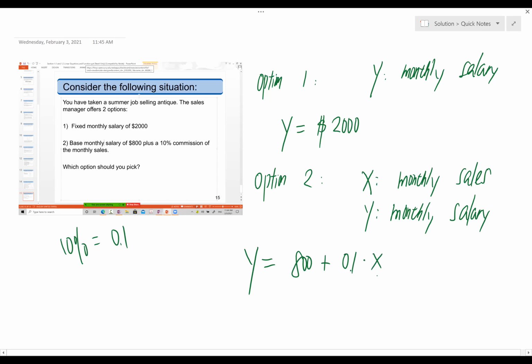Very good. So now think about this. If we want to compare these two options, we can't compare them directly, right? Because option number 1 is $2,000, and option number 2 is $800 plus a variable thing. So this part is called the fixed part, and this one is called the variable part.